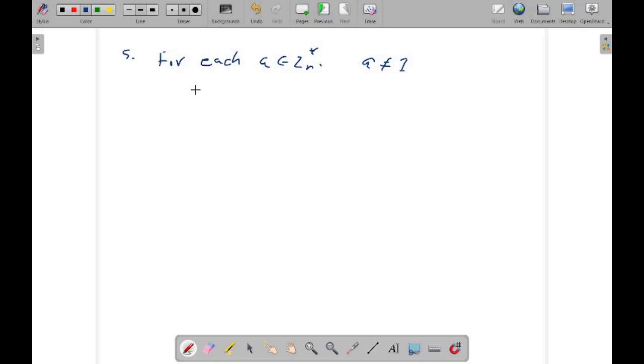Then for each Ri, suppose we have n Ri's, so i equal to 1 to n, you compute a raised to Ri mod n.